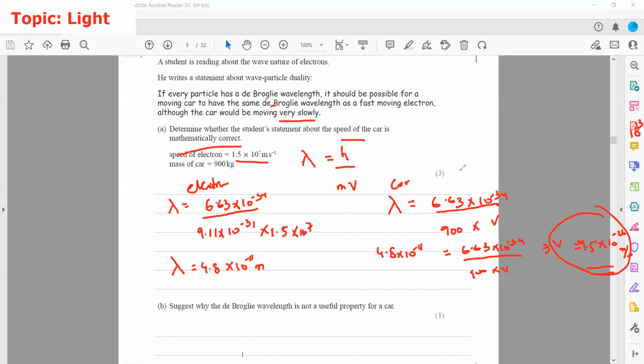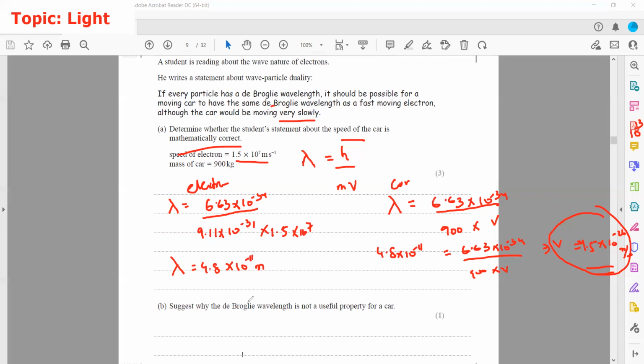The car has more mass and the electron is lighter. So when they have the same de Broglie wavelength, the speed of the car is very slow compared to the electron. Mathematically, the student is correct.